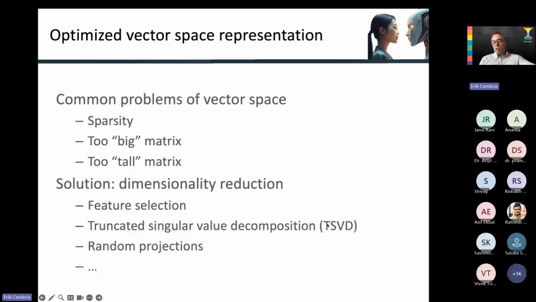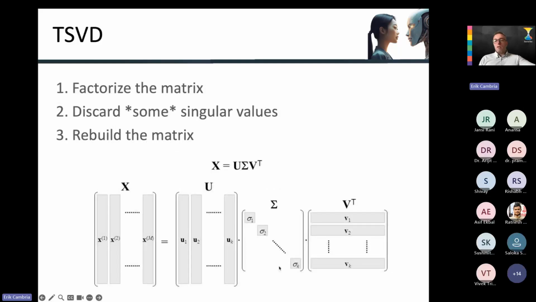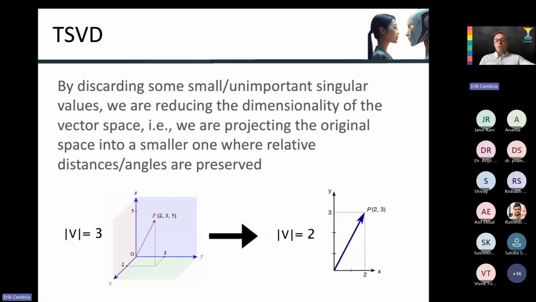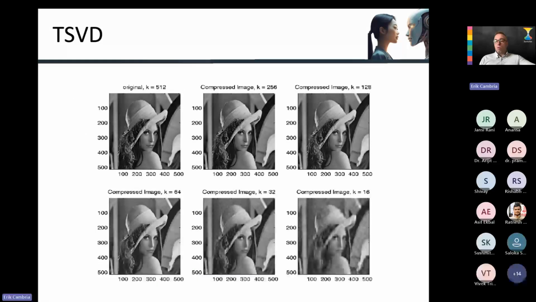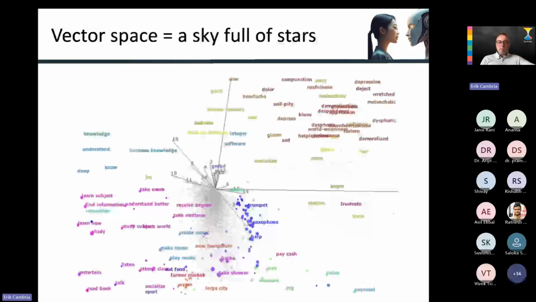It's called truncated because, as we said yesterday, we cut away the bottom right singular values that are the least representative ones. And this works a bit like JPEG resizing.